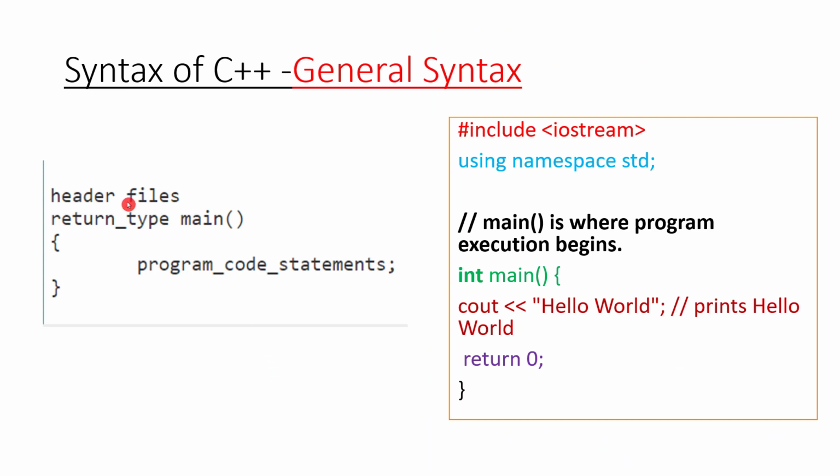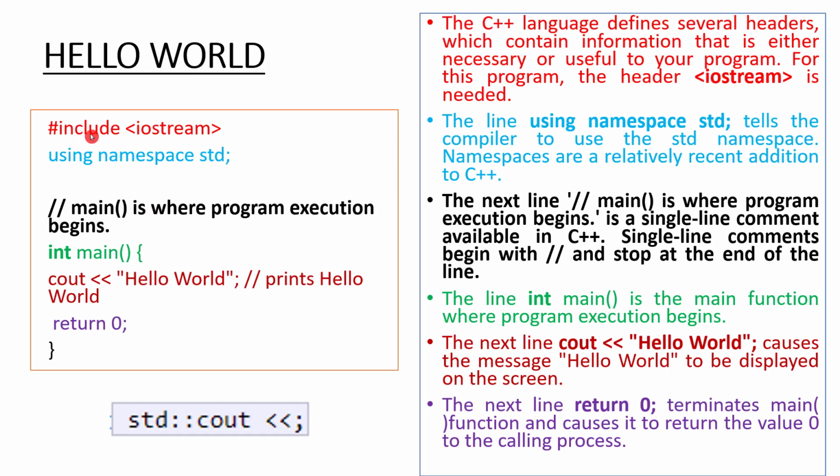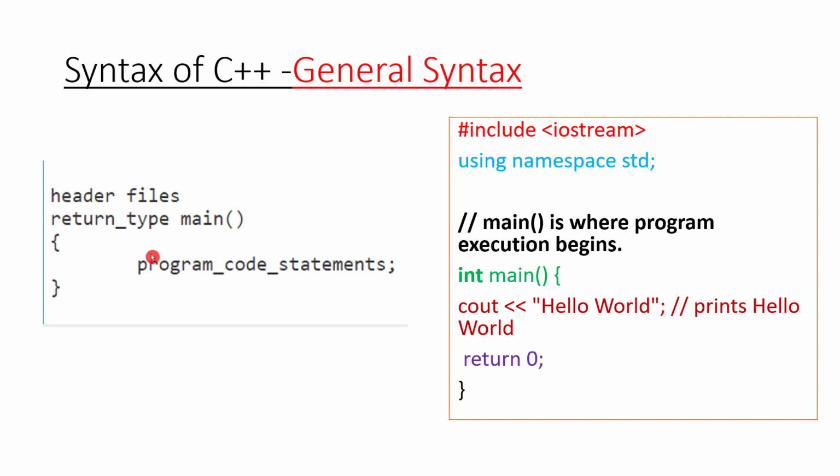Okay, so the general syntax: include the header files. Header files means these two lines, include iostream and using namespace std. Then the main program, what is inside the program, starts with the curly bracket and closes with the curly bracket. The header files, line 1 and line 2, are not executed by the program.